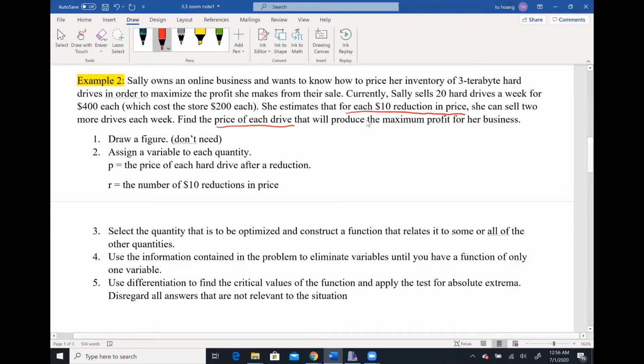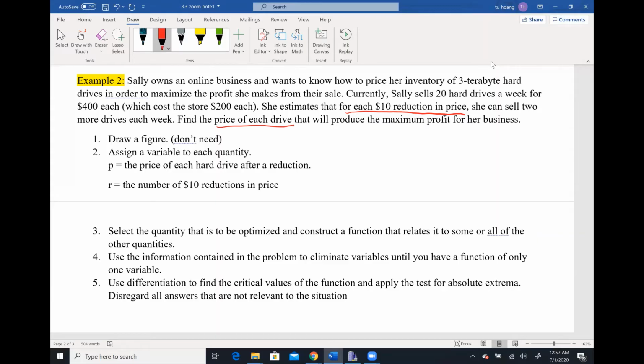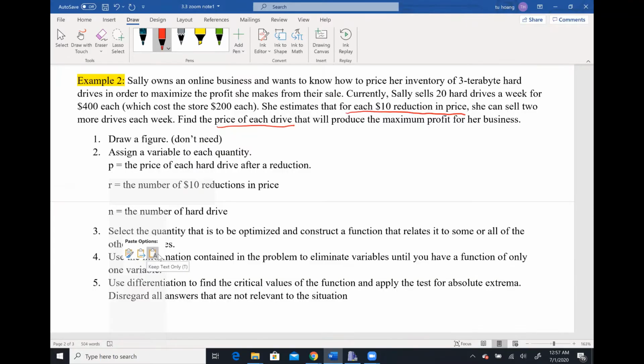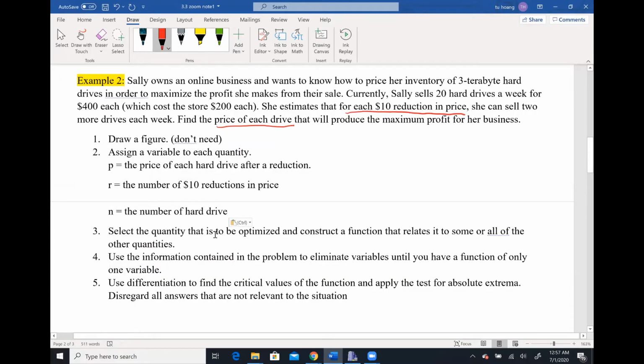And then you have to think about how many hard drives are sold in this case. So I'm gonna say N equals the number of hard drives she's sold.